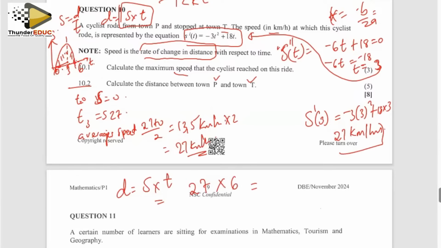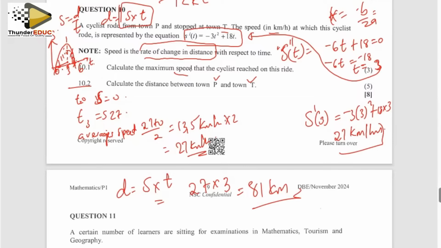Is it times 3 or times 6? 27 times 6 is going to give me something else, which means I'm double counting. I've already covered that time. So it's going to be times 3. And 27 times 3 is going to give me 81 kilometers. 81 kilometers.